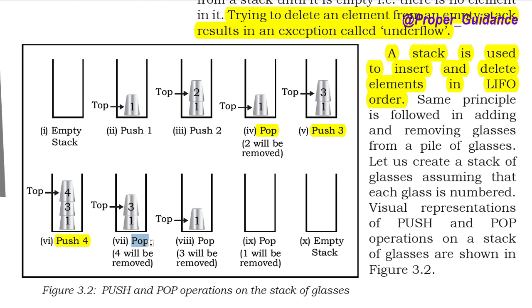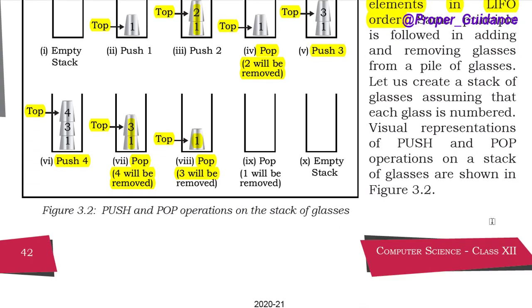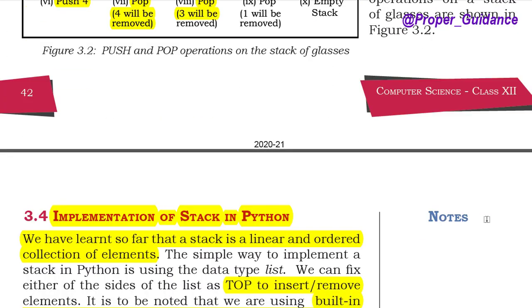When we use pop, the glass on the top will be removed from that particular pile of glasses. And again if you use the pop function, then what will happen? Glass number 3 will be removed from there, and pop 1, again pop, the stack will be empty and we will get the empty stack. So this is the procedure: we can use push and pop operations on a stack.